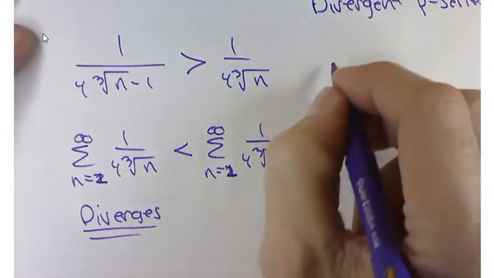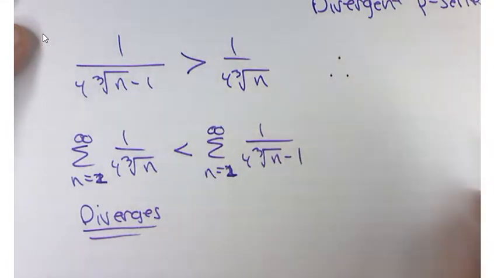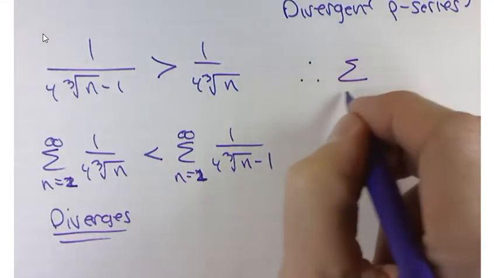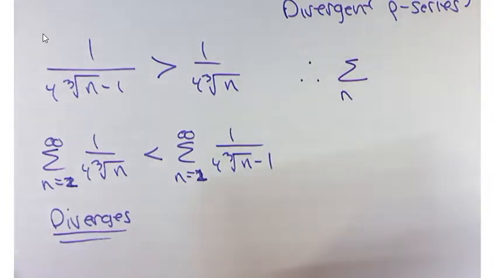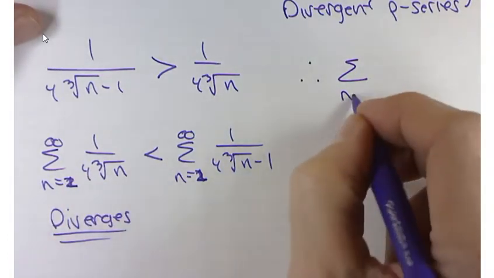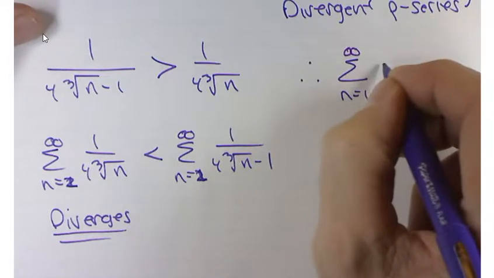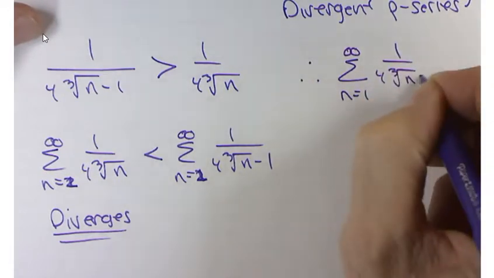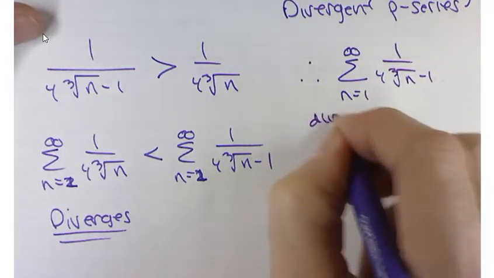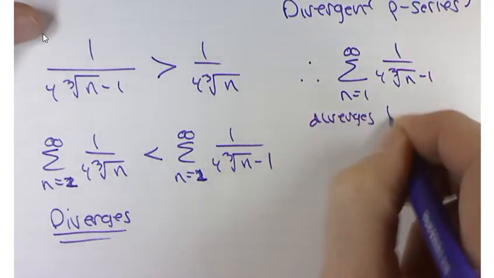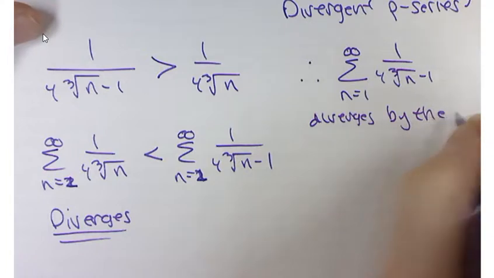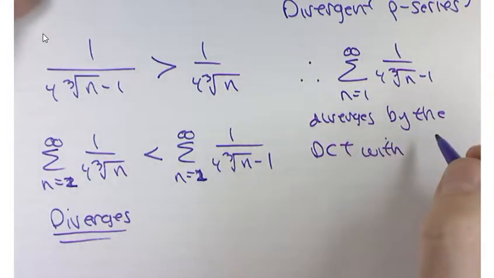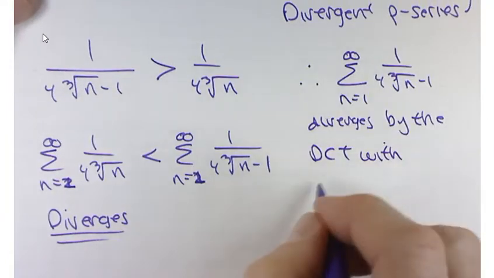So, therefore, this series, 1 over 4 times the cube root of n minus 1, diverges by the direct comparison test with this series.